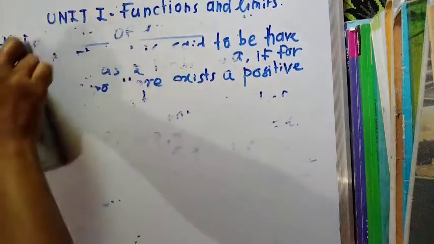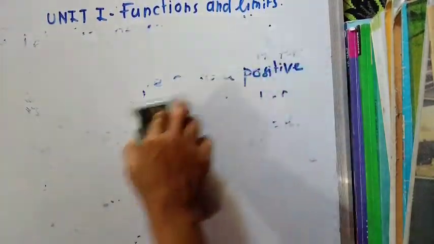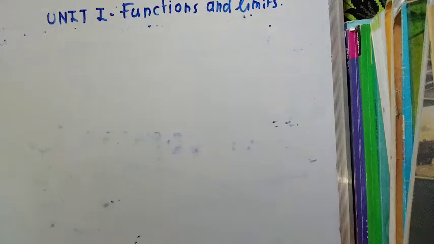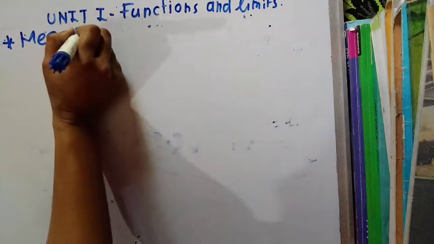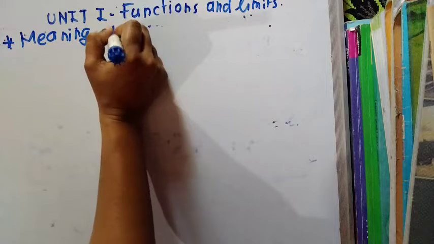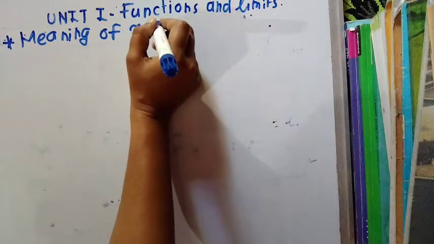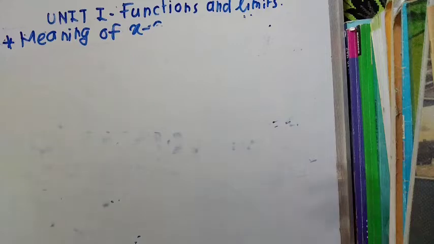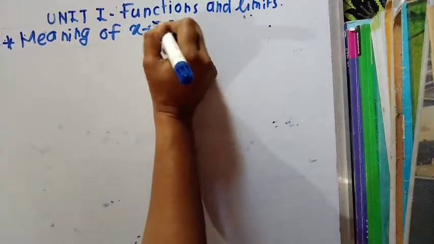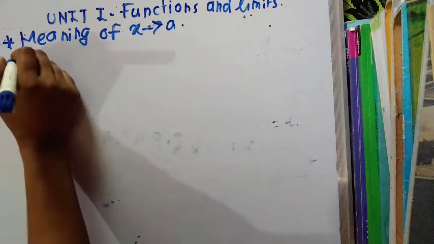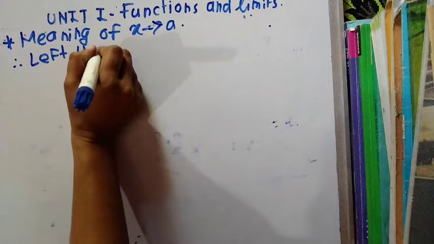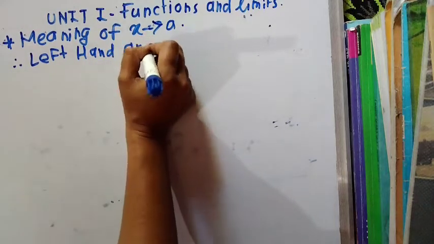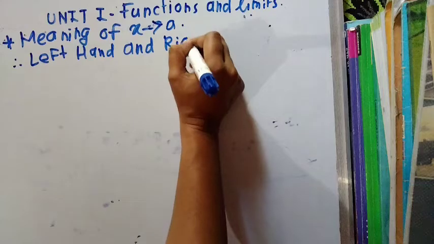Then next point, meaning of x tends to a. Here the first point is left hand and right hand limit.